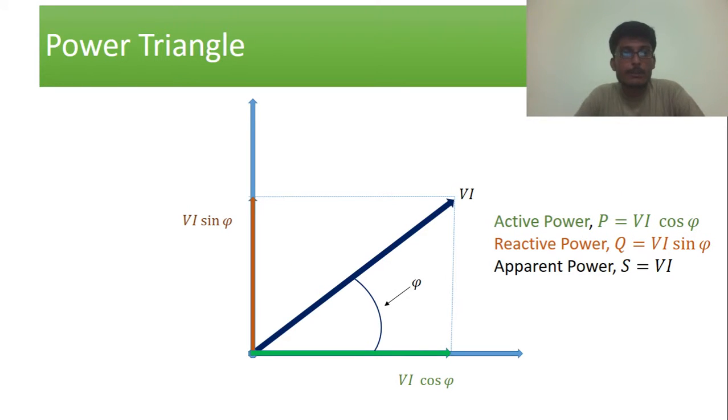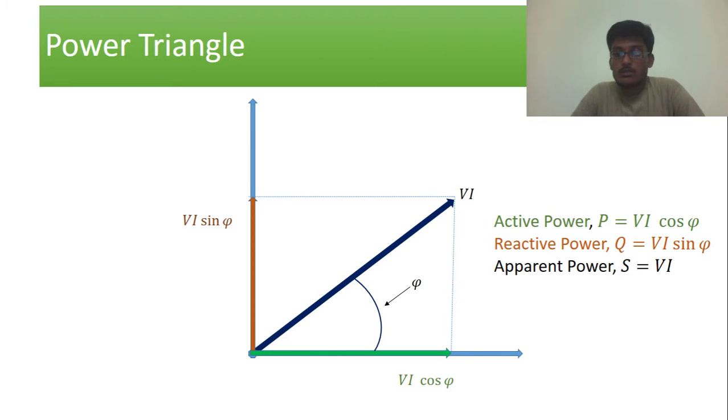Now, we have seen about the power triangle. So basically this VI sin phi will be over here. Okay, so then it will make a triangle. Fine. And this one is the apparent power, this one will be the reactive power, and this one is the active power.